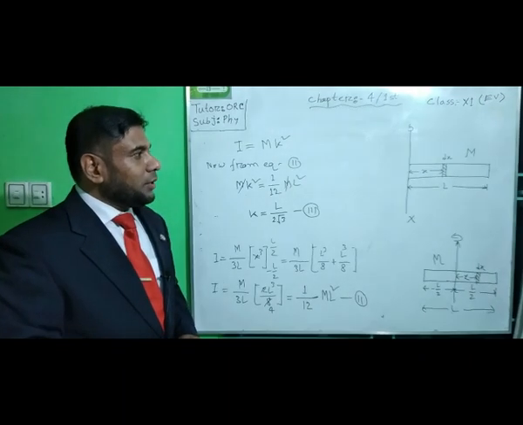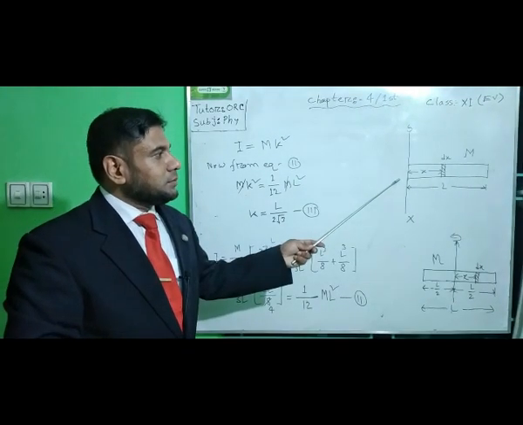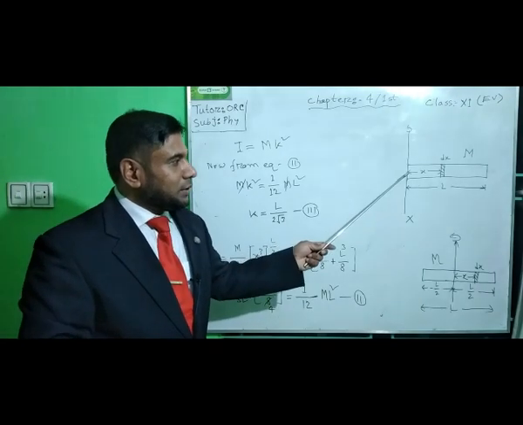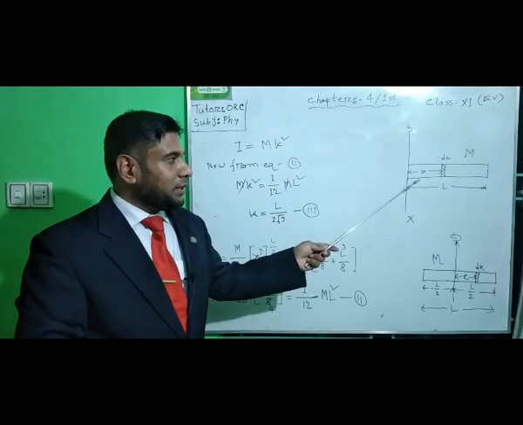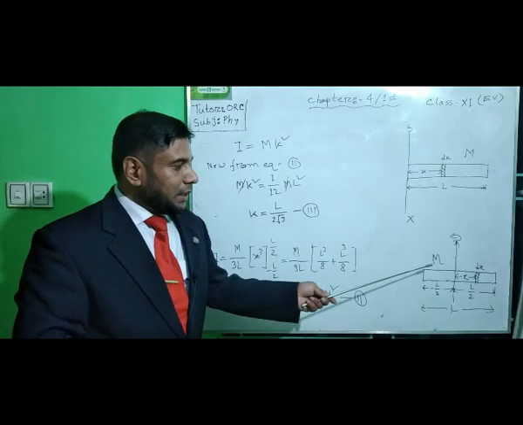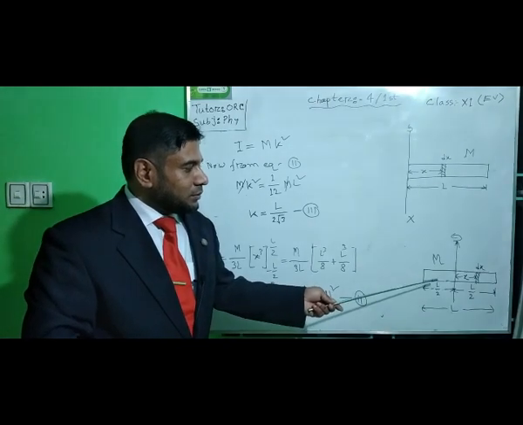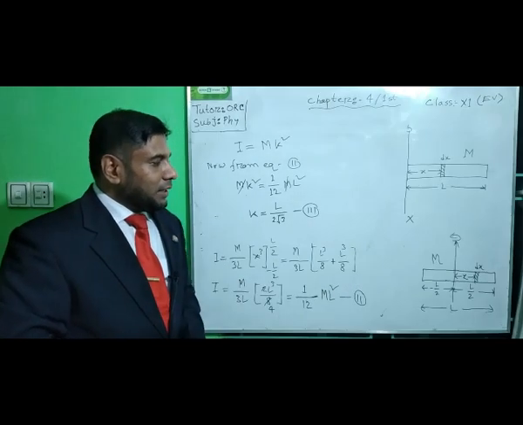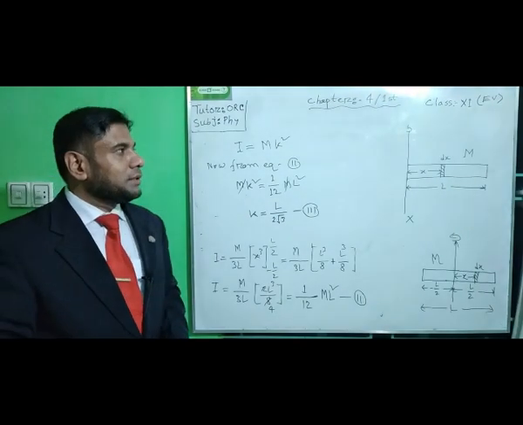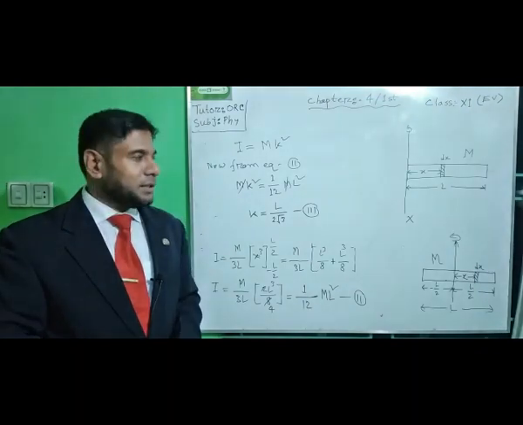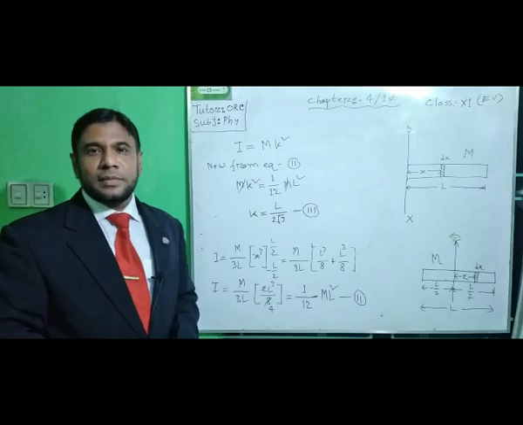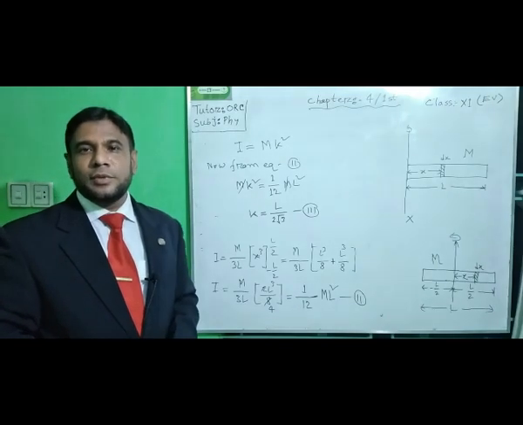The moment of inertia of a thin rod about an axis passing through an edge and perpendicular to the length of the rod, and the other is about the axis which passes through the middle of the thin rod. These 4 equations are very important, so you must memorize them and remember them for both your SSC exam and all admission exams. Thank you very much. Allah Hafiz.